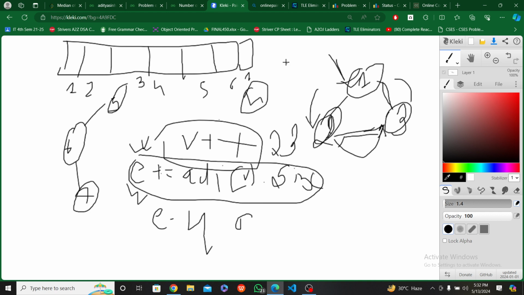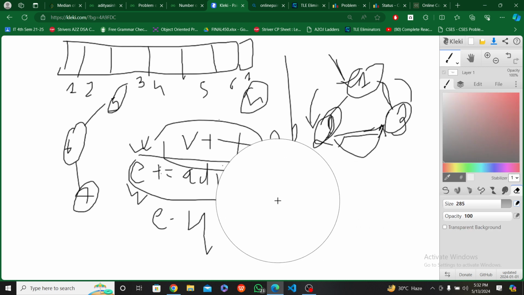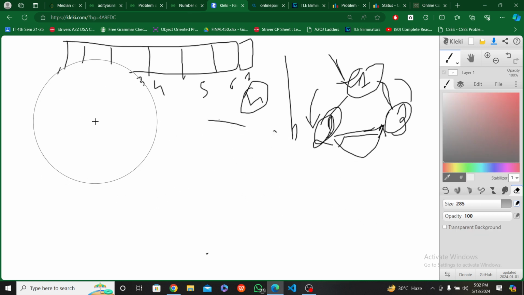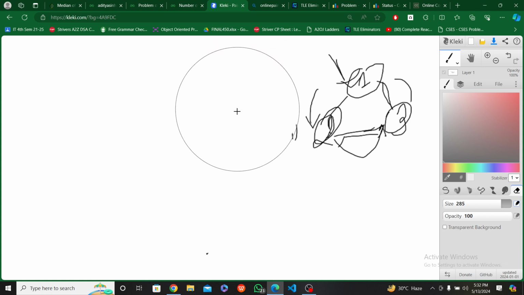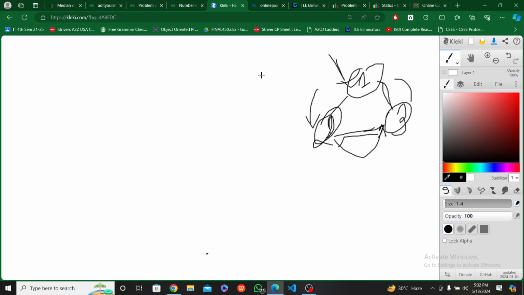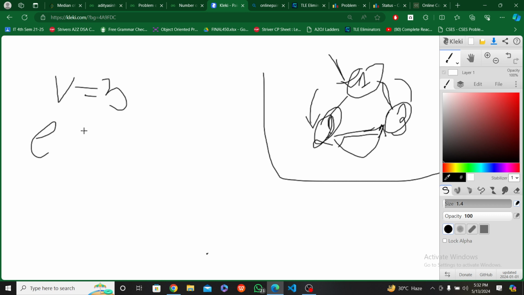Okay, so for this graph, just understand, we have vertices, how many, that is 3, we calculated, and edges is 6.